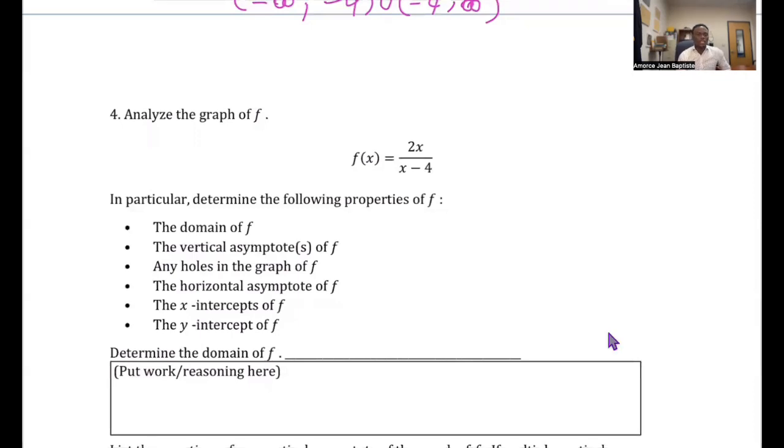All right, so in this case, they ask me to analyze the graph of f of x equals 2x over x minus 4. First, by finding the domain, the vertical asymptote or asymptotes, any holes, the horizontal asymptote or asymptotes, and the x and y intercepts. So let's go ahead and find the domain.